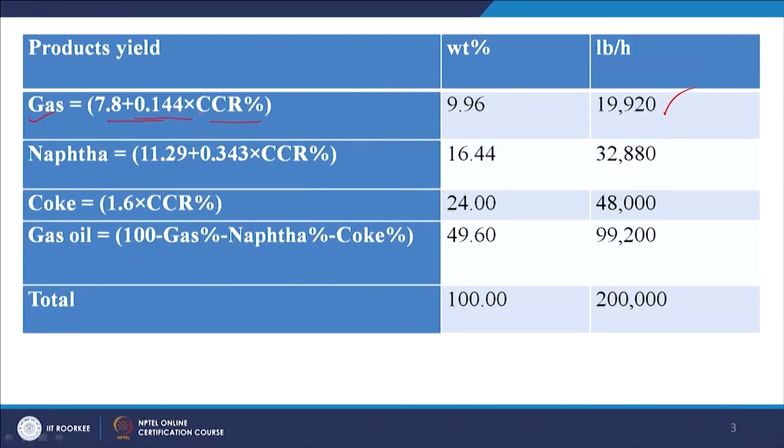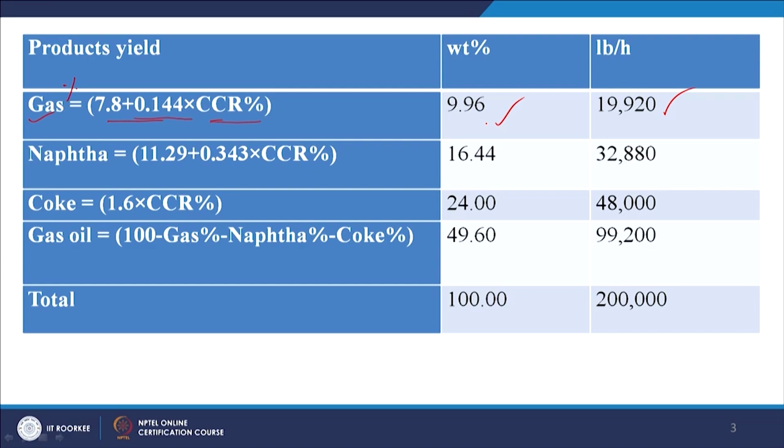So, in our case what is the CCR? We have 15%. So, if we put 15 into 0.144 and add 7.8, that is equal to 9.96, in percent, gas in percent.